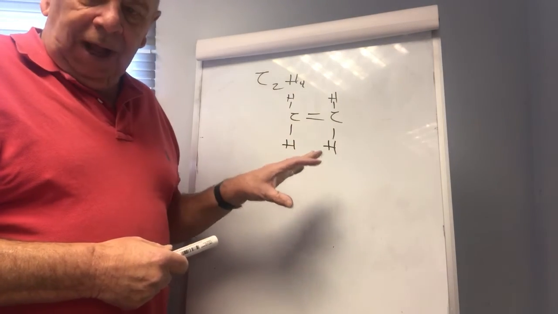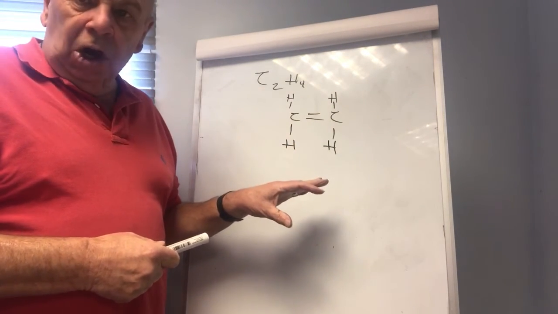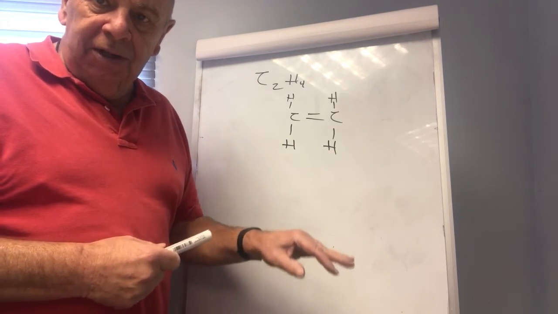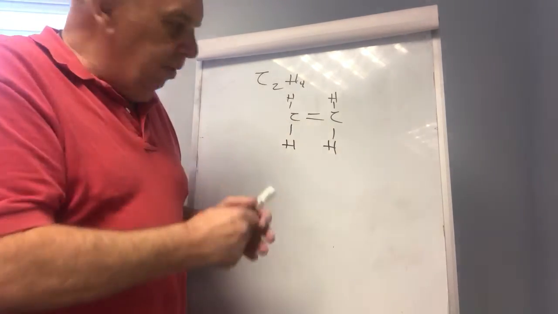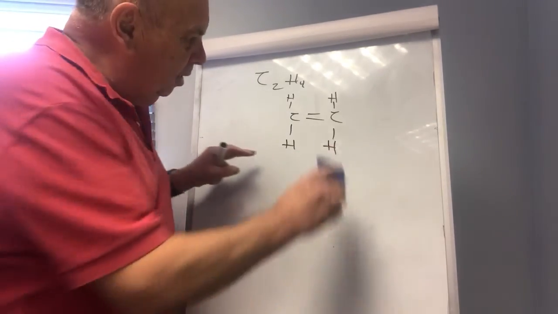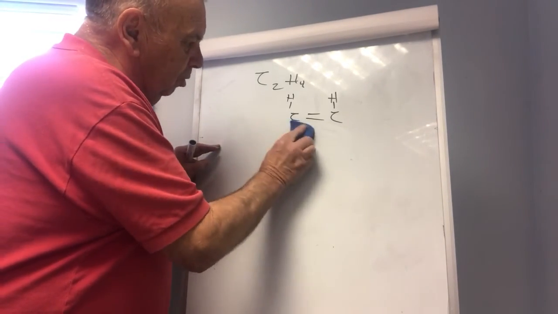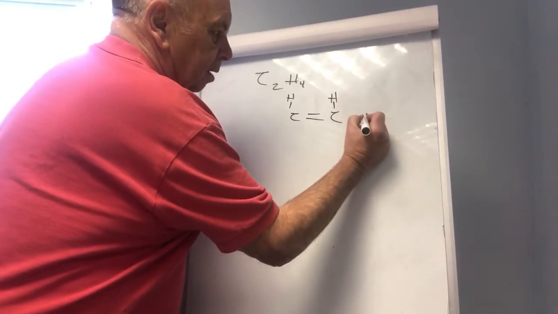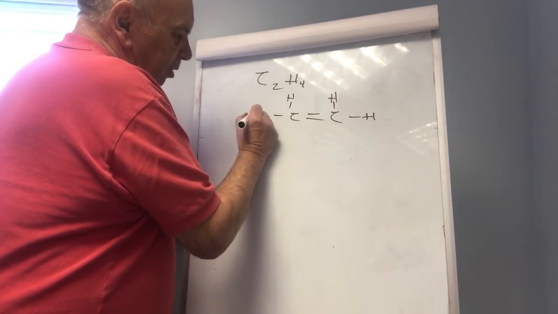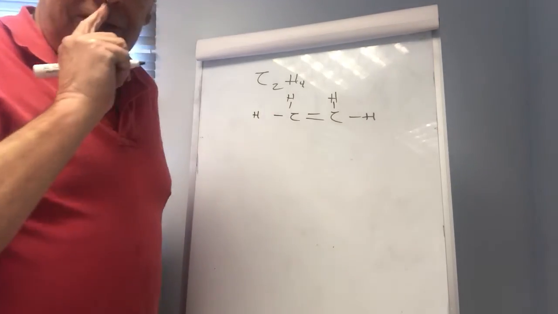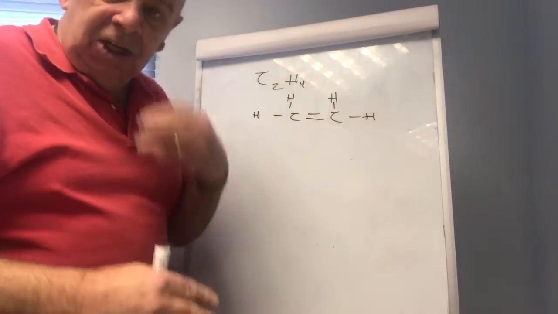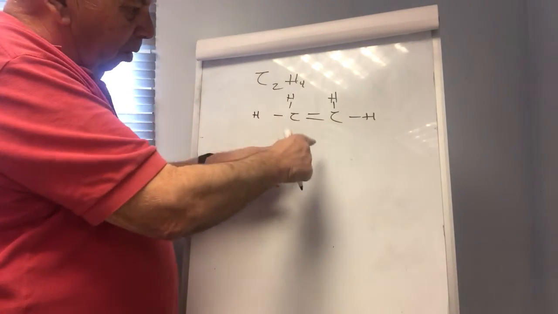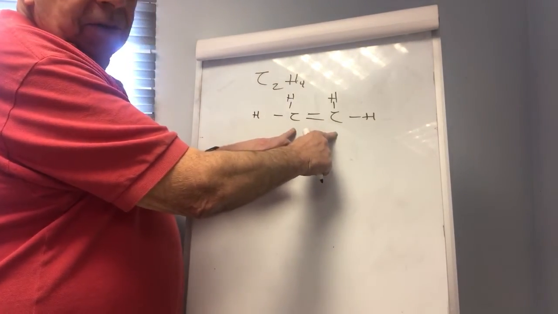Ethene, like all alkenes, undergoes addition reactions, i.e. something adds onto it. I'm going to just reposition those hydrogens. It's exactly the same still, but what happens is I can add something across that double bond here and there.